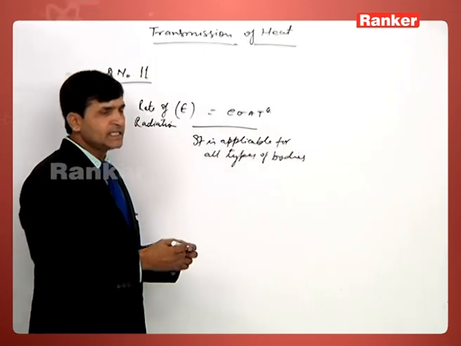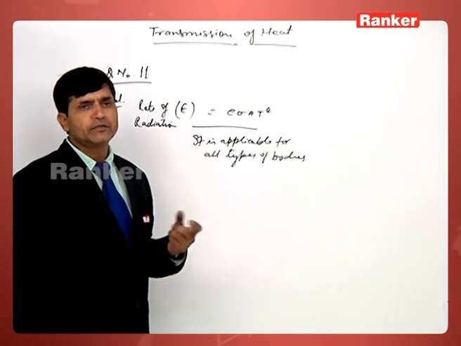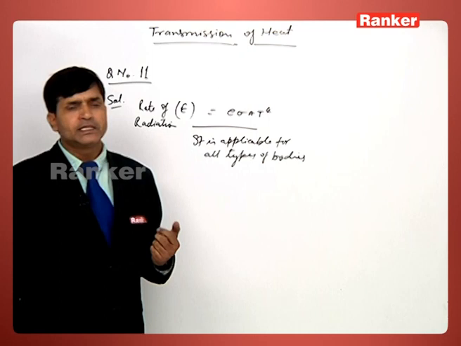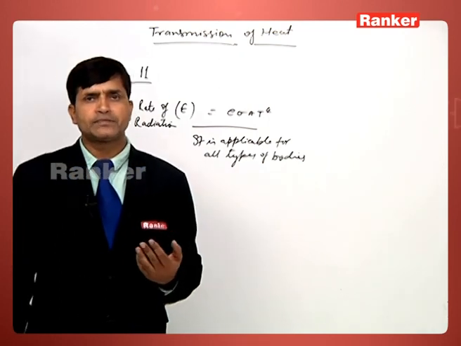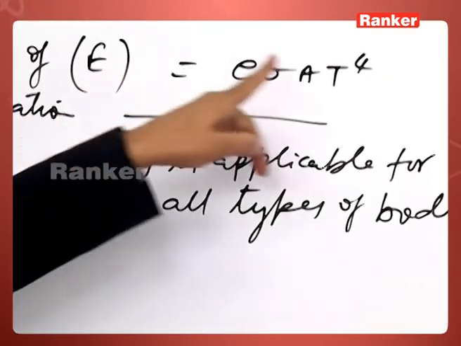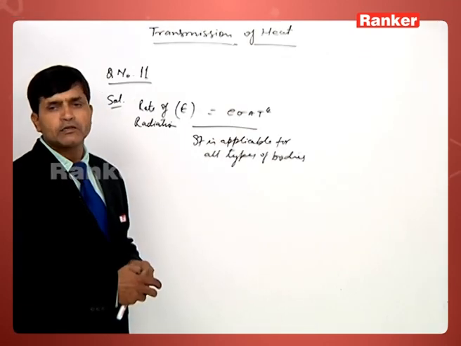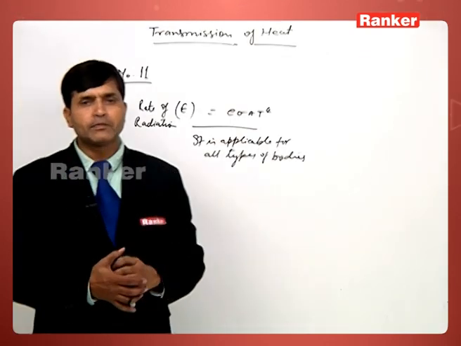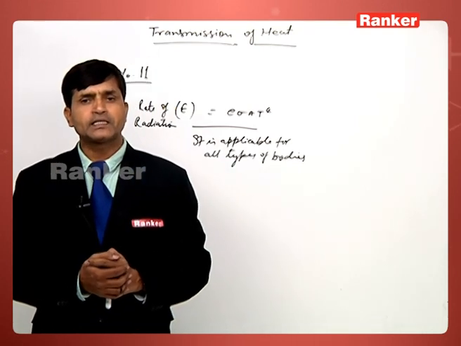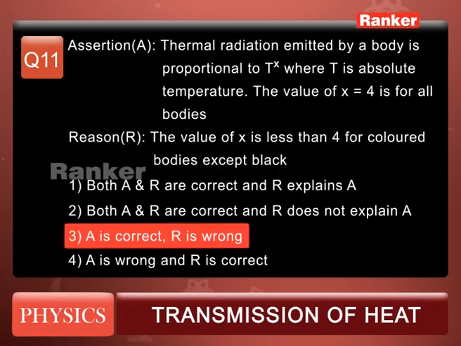Only as the body changes, the emissivity will change. For a black body, emissivity will be 1, and for other bodies, depending on the nature of the surface, the emissivity will change. But the rate of radiation is directly proportional to T to the power 4, where x is equal to 4. So the assertion is correct, but the reason is wrong. So option number 3 is the correct answer.